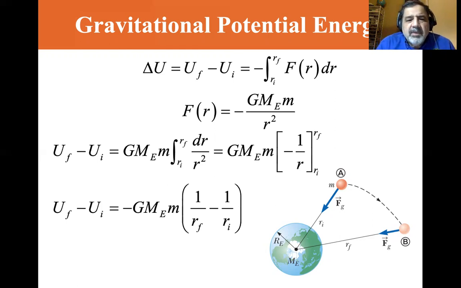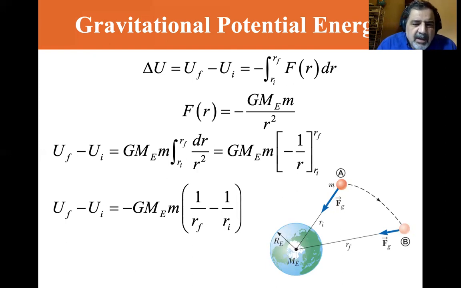And if we look at that, G M_E M is a constant, so we can pull that out of the integral, and we get delta U equal to G, mass of the Earth, mass of the object, times the integral from R initial to R final of dr over R squared, where the integral of 1 over R squared is minus 1 over R. So we come up with G M of the Earth times M times minus 1 over R evaluated from R initial to R final.